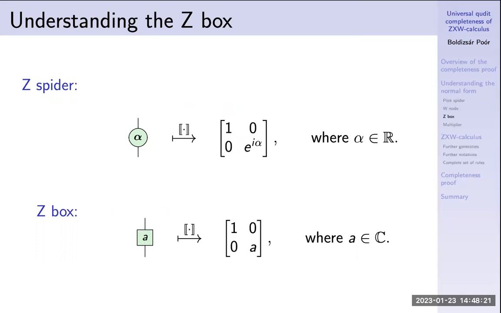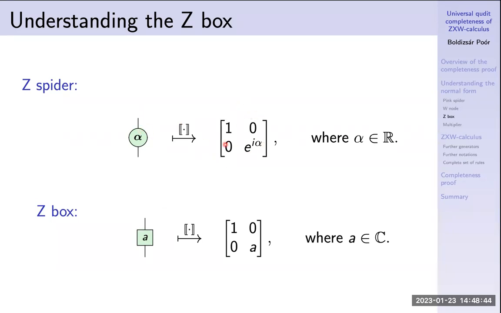So in simple ZX, we have the Z spider. In this case, this has a single input and a single output, right? And we know that this spider corresponds to Z rotations.